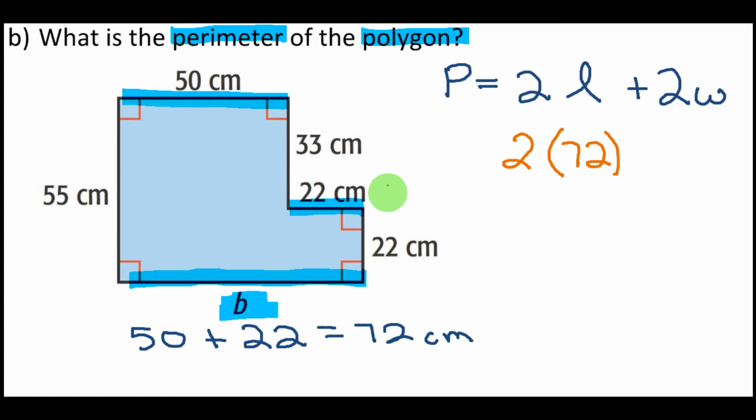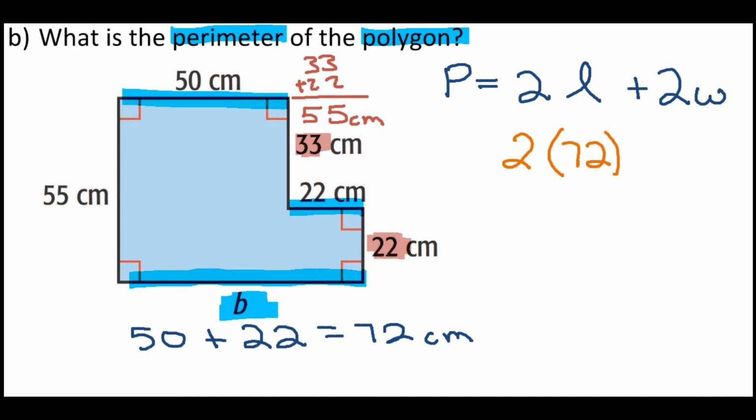Well, if we add 33 and 22 together, let's go ahead and do that right up top here. I'm going to choose a new pen color. So 33 plus 22. In fact, let me highlight the sides that I'm adding together right now. If we highlight this side length here and this side length here, 33 and 22, we get a value of 55 centimeters.